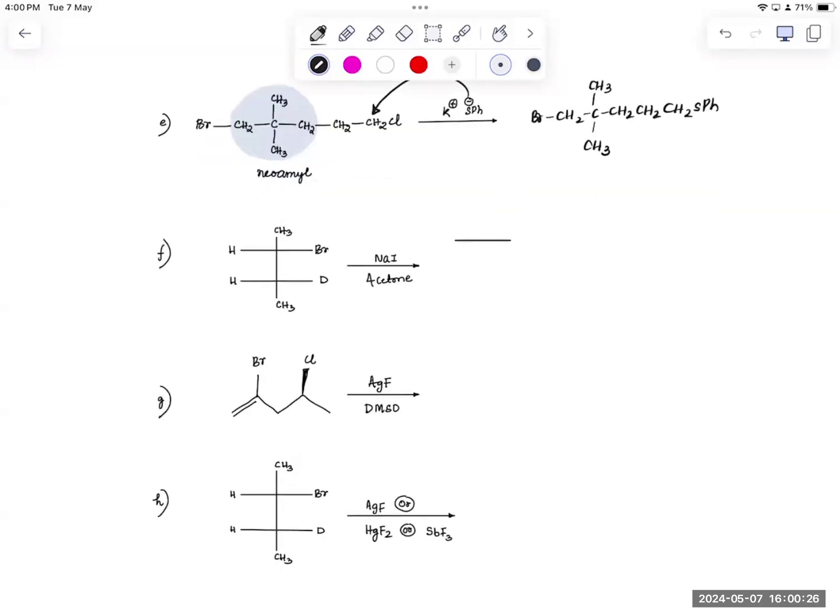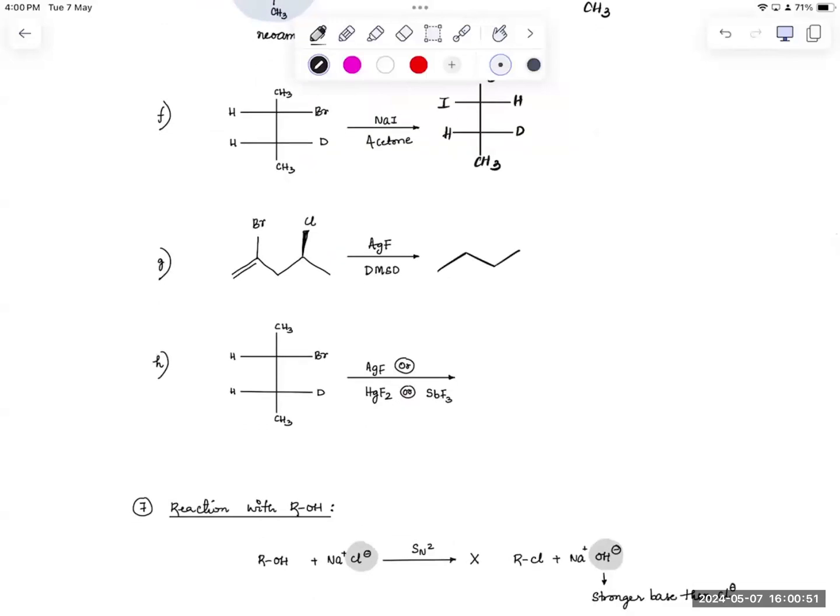Similarly, if it comes to these two, here we'll have CH3, H, H, and Br will be on this end, and we'll get I here, H here, D, and H and CH3.